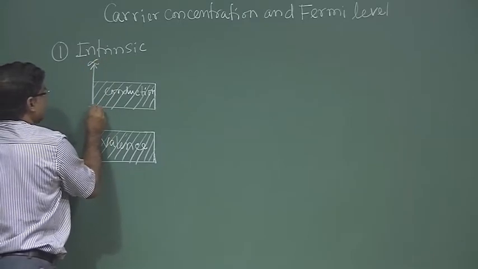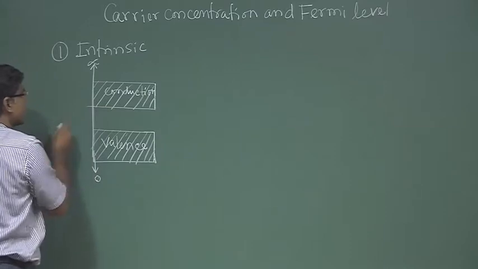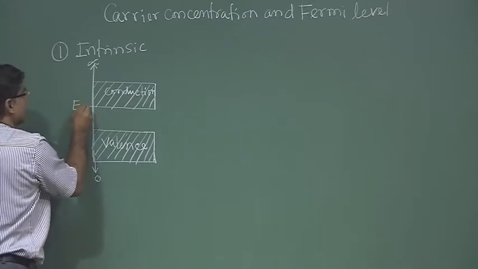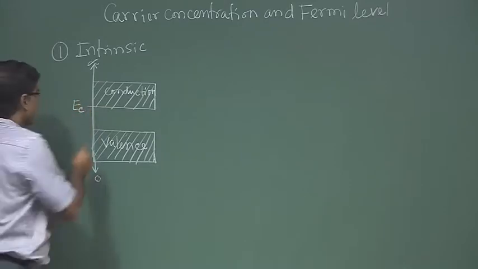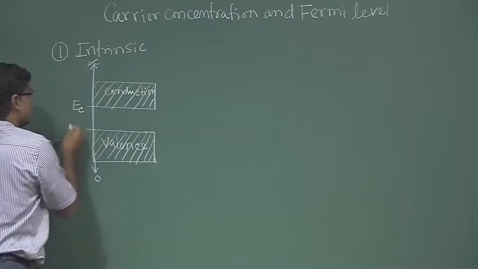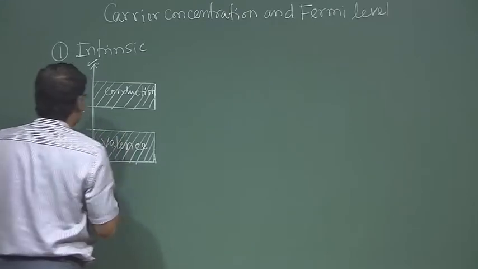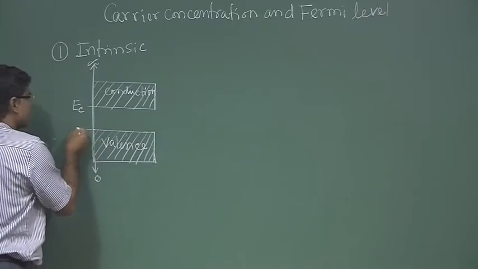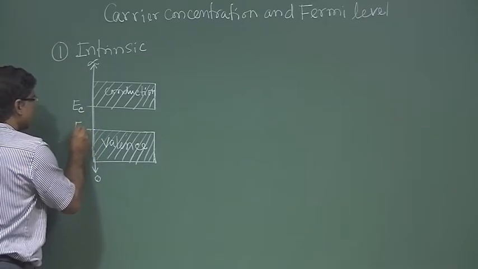The lower edge of the conduction band, this energy is defined by E c, and the top edge of the valence band, this energy is E v.